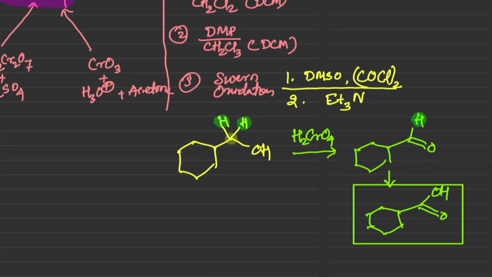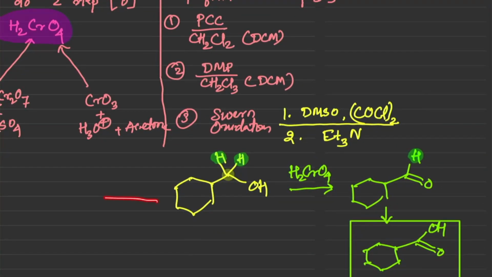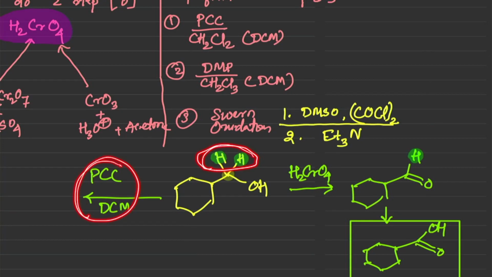Again, just because this alcohol can oxidize does not mean it will, because you have to provide the right reagent. For example, let's say I provide PCC right here. PCC with dichloromethane, pyridinium chlorochromate with dichloromethane. This alcohol can oxidize twice, but the reagent is milder and it cannot oxidize twice, right?